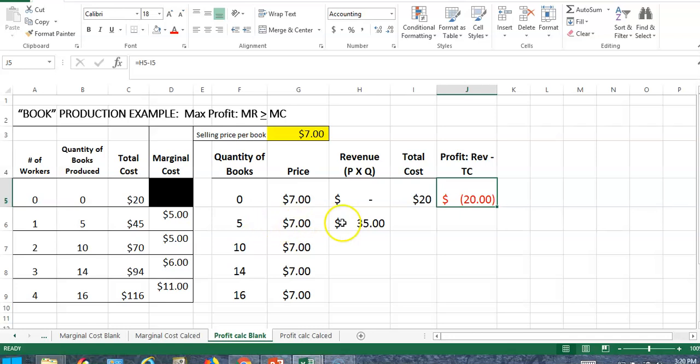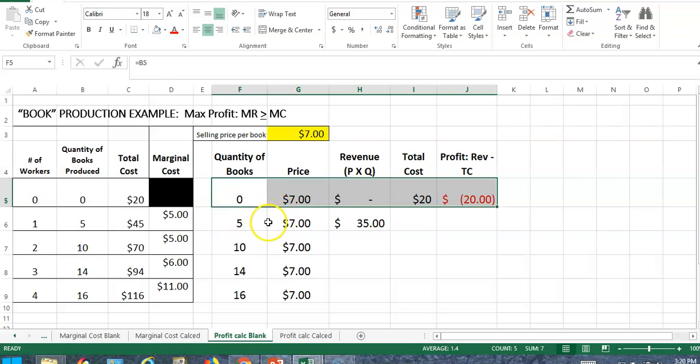So now let's move on to the next level of production. Do we want to hire 1 worker and produce 5 books? Will that make us better off than if we hire no workers and produce 0 books with this factory?